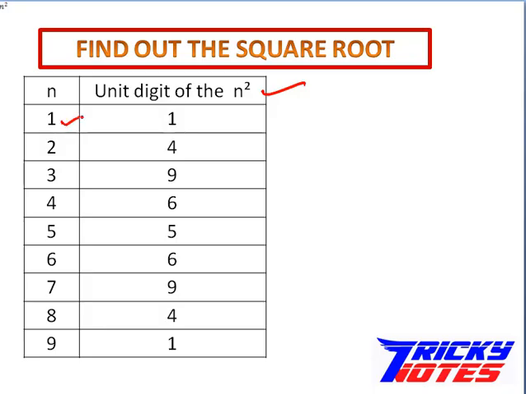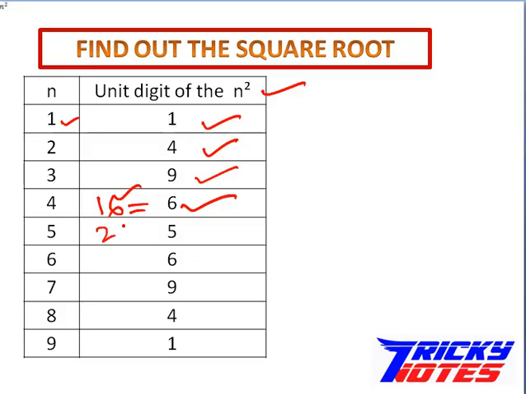If I tell you, the square of 1 is 1, so obviously the unit digit will be 1. The square of 2 is 4, so the unit digit will be 4. The square of 3 is 9, so the unit digit will be 9. The square of 4 is 16, so the unit digit is 6.